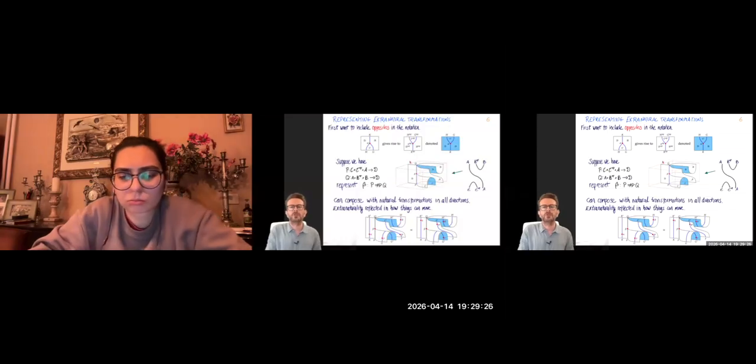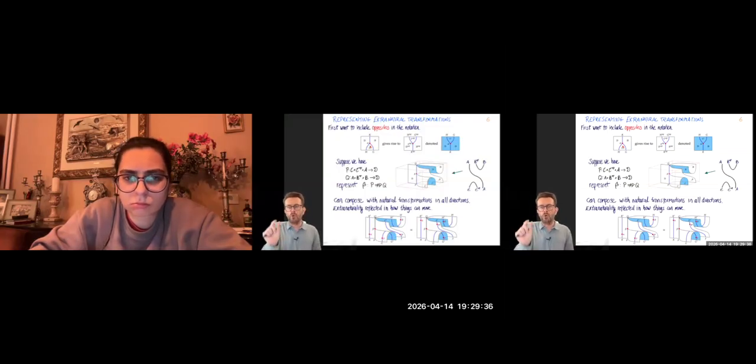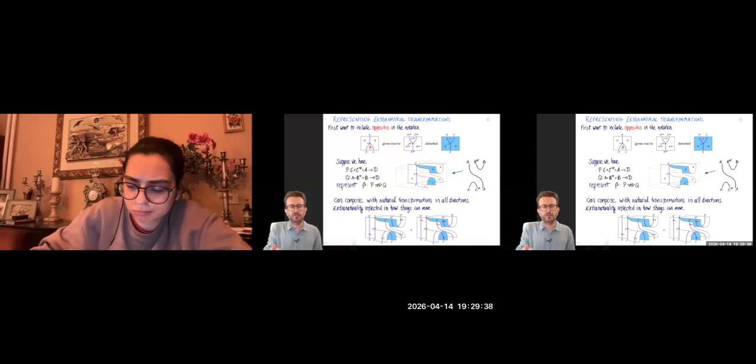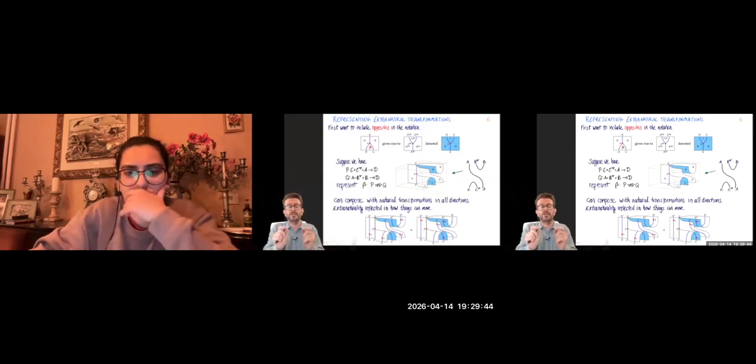But what happens if we have a natural transformation? It switches around, because in the opposite we reverse the morphisms inside the category, and the natural transformation components are defined in terms of those morphisms. So if we switch around the order of the morphisms, the components of the natural transformation switch around.